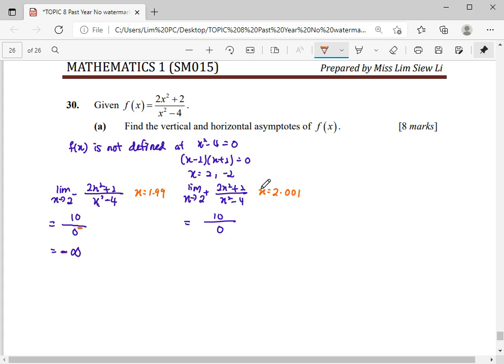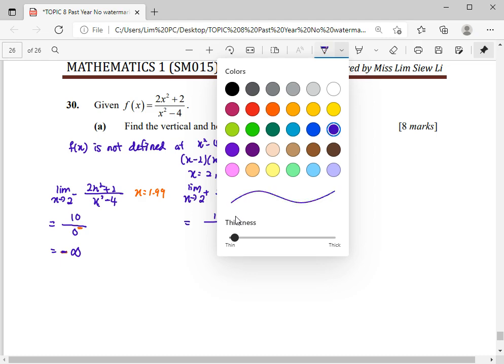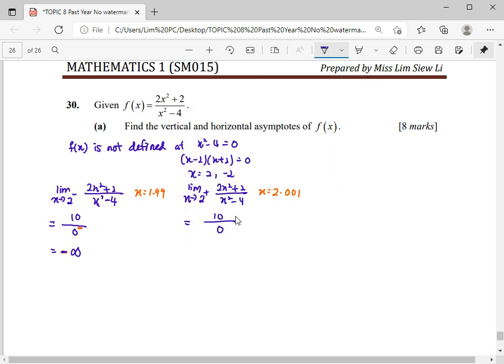So our test value here is x equals 2.001. What they create here, when near the value of 0, is a value that is closer to 0 but with positive properties. So this will get you positive infinity.